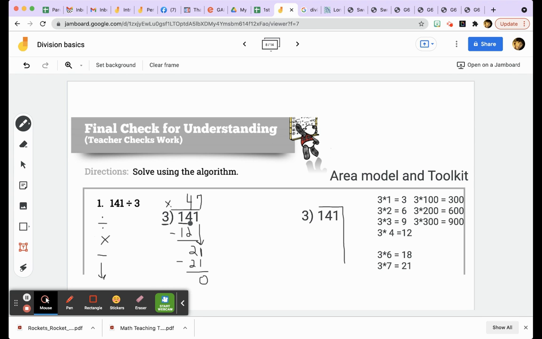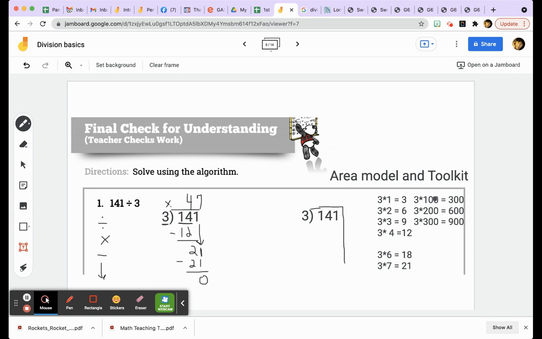So now let's take a look at the area model. And again, you wrote out your multiples of 3. We also wrote out the multiples of 3 times hundreds. And when I'm looking at my number here, I have 141.